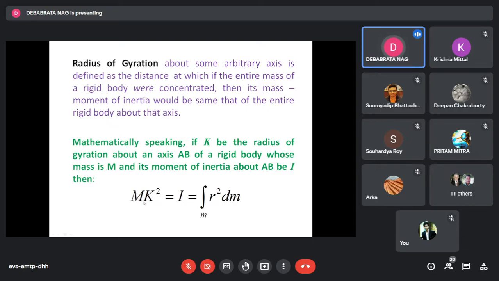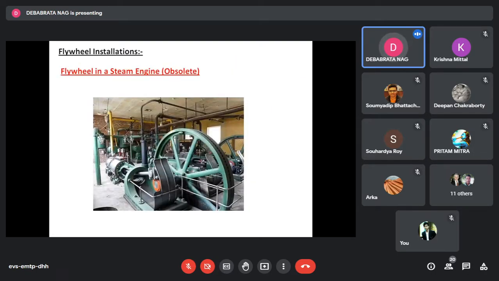So we can say Mk square is equal to I, or k is equal to the root of I by M. Now this is all known to us, and the unit of the radius of gyration in the SI system is obviously meter, though sometimes it is expressed in millimeter.